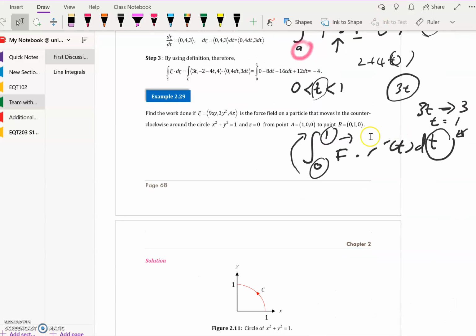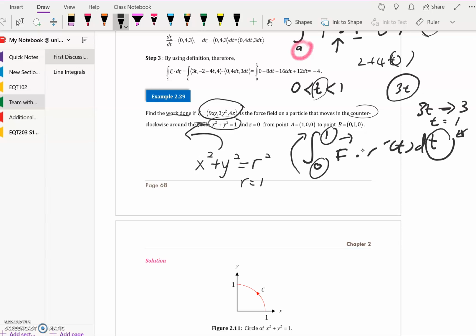Alright, so next, find the work done if F is the force field on the particle that moves counterclockwise around the circle. Even if the question does not mention this is a circle, you actually know that this is a circle because this is in the form of x square plus y square equals r square, where r equals 1 and z equals 0.